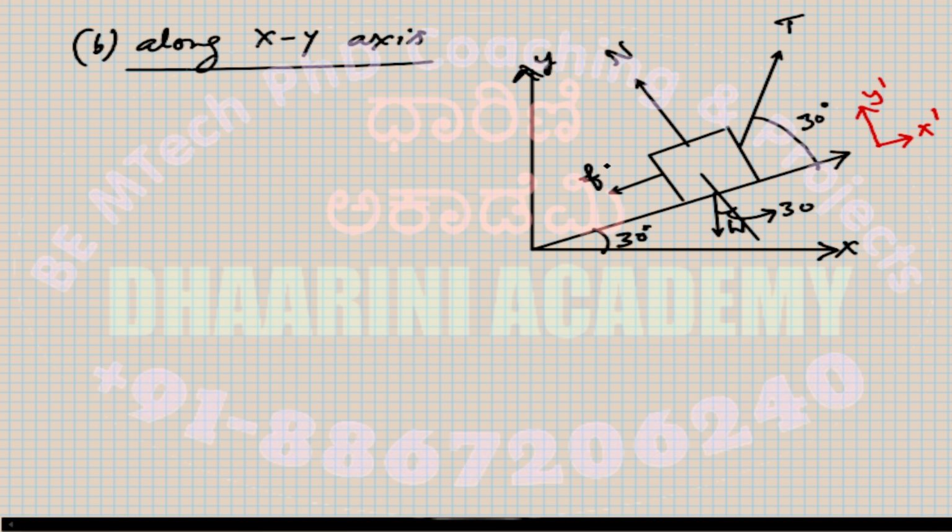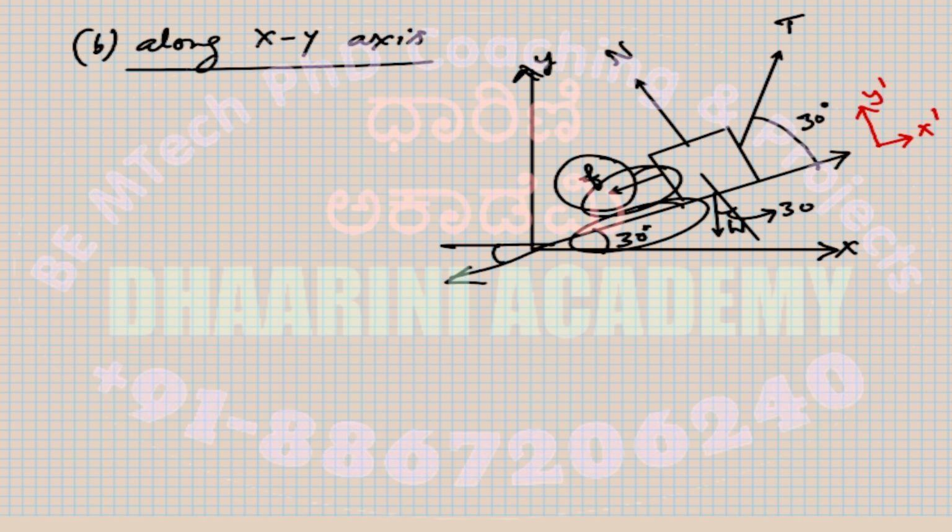Okay, let us start with the F, right? So you can see that F is actually making it like this, and we know that this angle is 30 degrees because F and this inclination, they are parallel, right? So I'm using that concept now. So F makes an angle 30 degree with respect to x axis, and it is present in which quadrant?